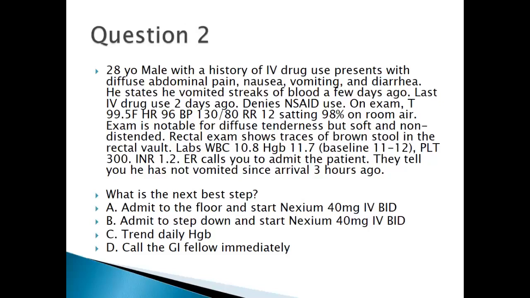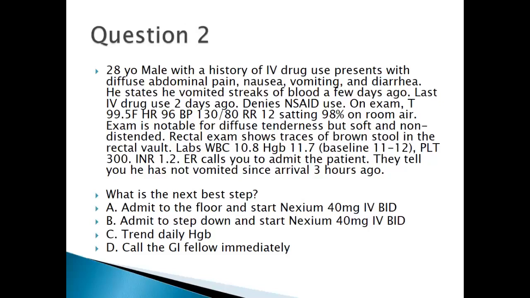Question 2. A 28-year-old male with a history of IV drug use presents with acute abdominal pain, nausea, vomiting, and diarrhea. He had streaks of blood in his vomit 2 days ago. Last IV drug use was 2 days ago, no NSAID use. On exam, his temperature is 99.5, heart rate is 96, BP 130 over 80, and respiratory rate is 12, saturating at 98% on room air. Exam is notable for diffuse tenderness, but soft and non-distended.